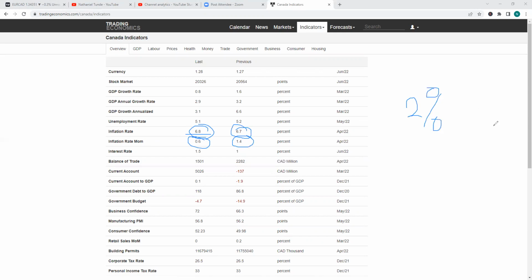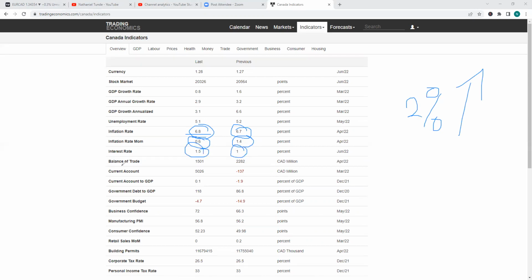Anything greater than this 2% is considered too high. And look at their own here, 6.8%. This is a very high inflation. Developed economy that know what they are doing. So because of that, they have to increase interest rates from 1% to what?